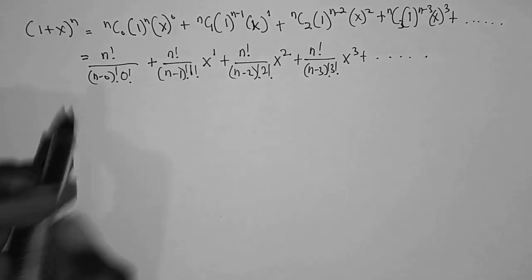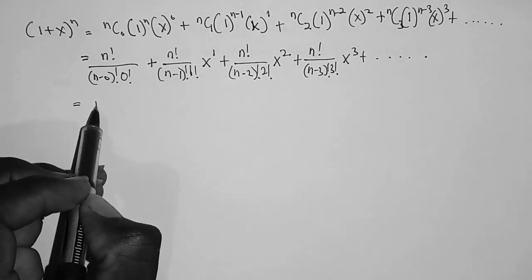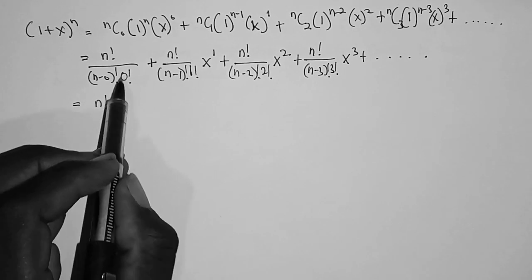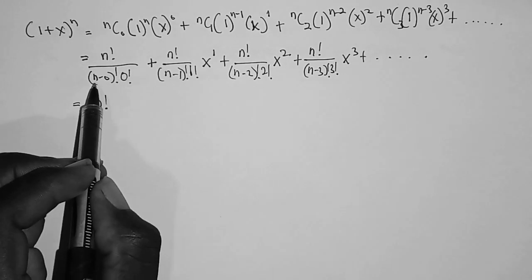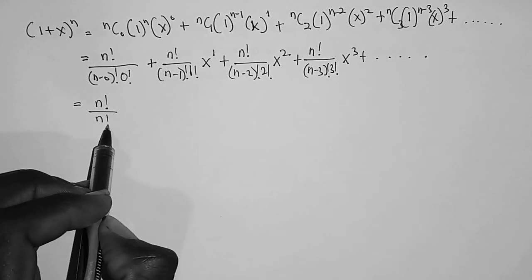Now, let's further simplify this. So this is n factorial divided by n minus 0, which is n. Then 0 factorial is 1. So it becomes n factorial times 1, divided by n factorial here.